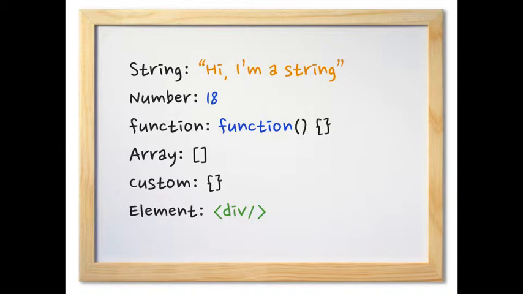Arrays are also objects, and of course a custom object is also an object. A custom object is the most basic type of object you can create, but it also has default properties and functions. These custom objects are called singletons. You might be surprised that a DOM element is actually also an object. If you have written basic JavaScript before, you have been working with elements as objects.